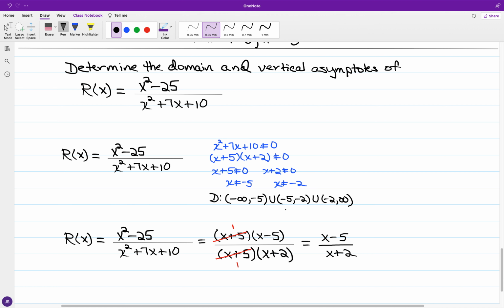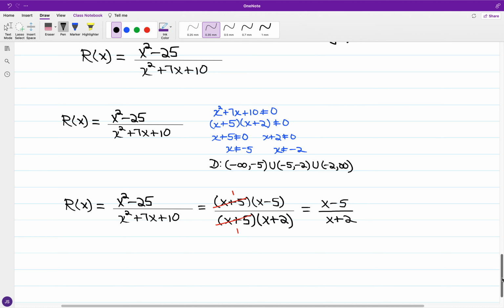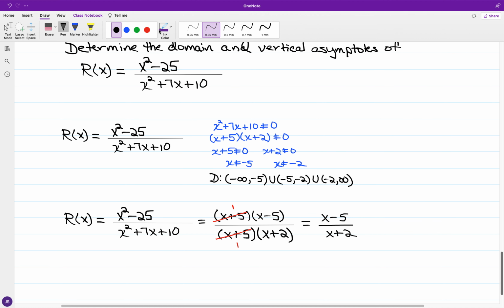Okay, so we got two exclusions from the domain. And we could have had up to potentially 2 vertical asymptotes. But again, x plus 5 cancels and goes out completely. So this is going to signal that x equals negative 5 is a hole.